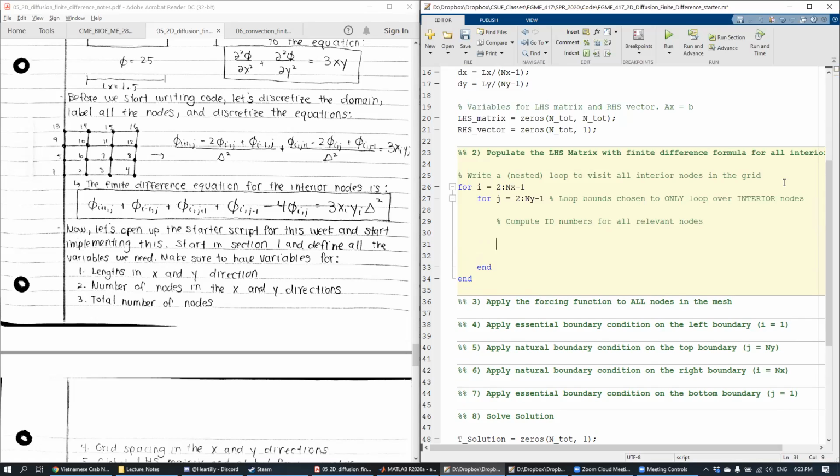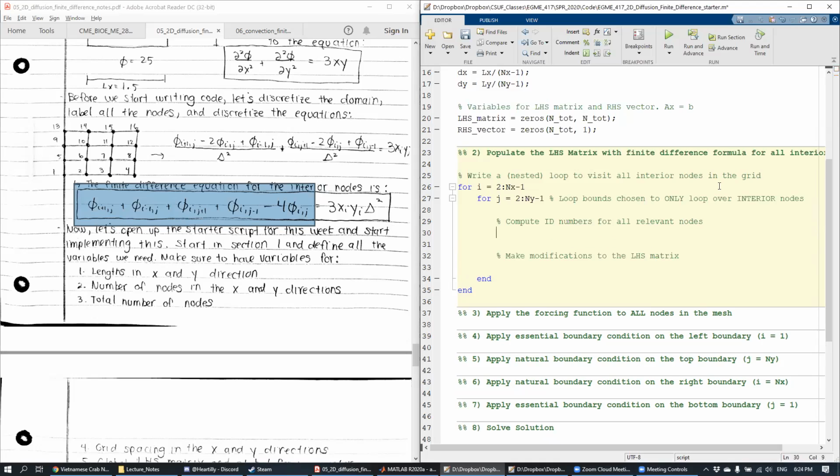Once we do that, we can move on to the next block of code where we're going to make modifications to the left-hand side matrix. In this case, nothing to the right-hand side, because we're just going to concern ourselves with this part of the equation right here. So first, let's go ahead and compute all of the ID numbers.